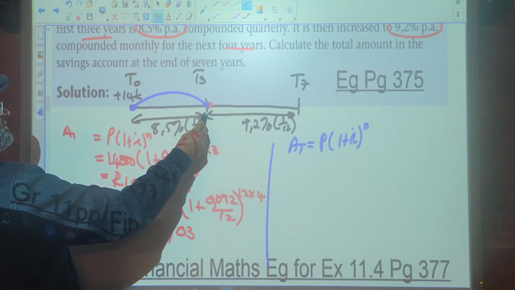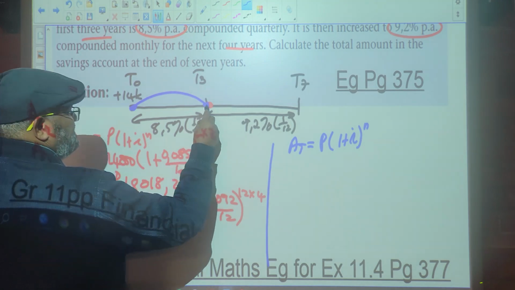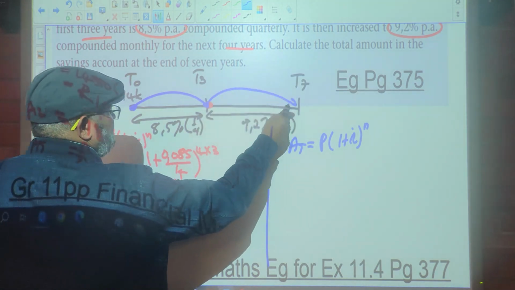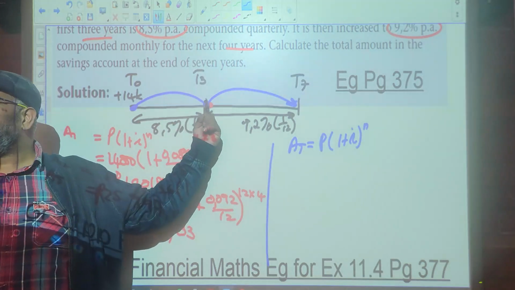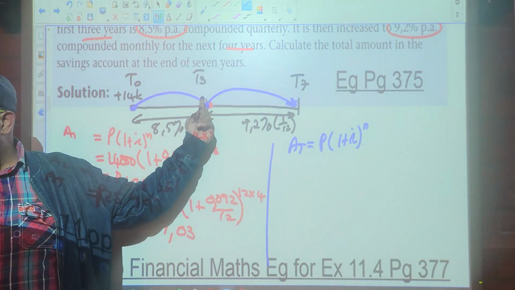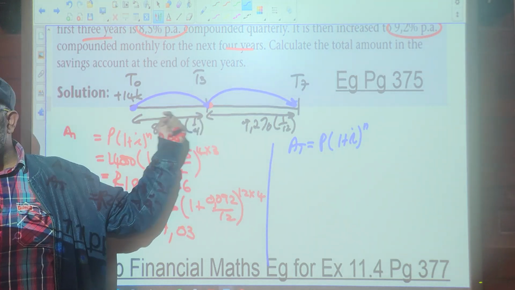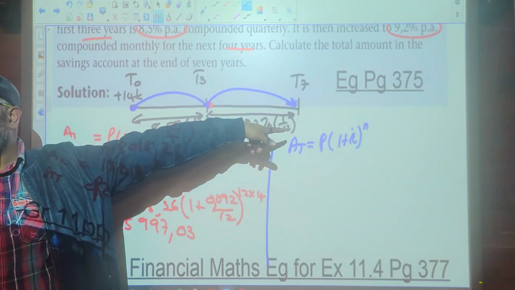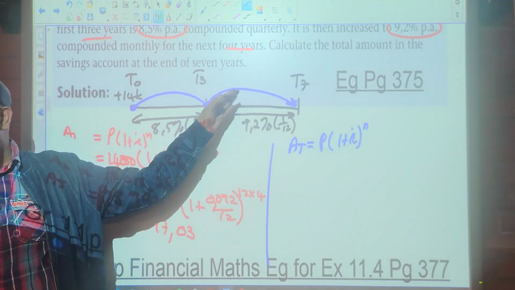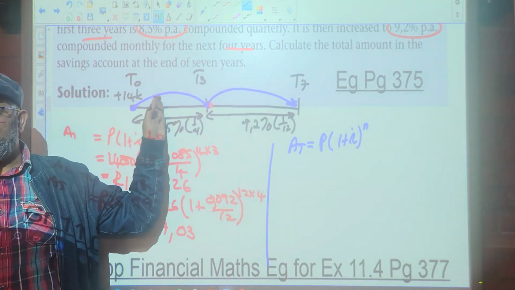And then that amount is then going to gain interest to T7. You see that, people? It will only be broken up once there's a change in interest rate. Otherwise, if the interest rate was constant, I would have taken it till the end. Doesn't matter what other variation happens on the line.